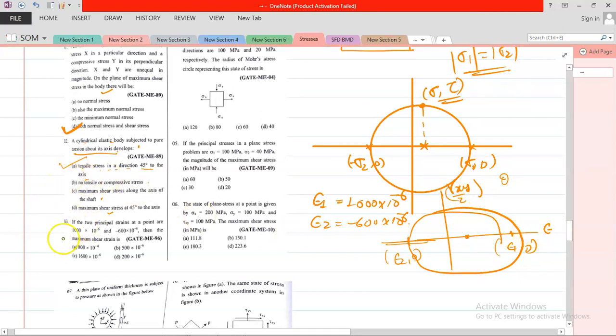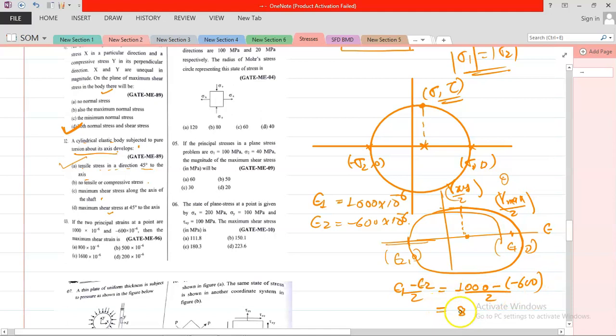Then it is obtaining maximum shear strain. So you know the radius of the circle is the maximum shear strain by 2. This is gamma max by 2. Now gamma max by 2 is the radius of the circle. Now what is the radius of the circle? Epsilon 1 minus epsilon 2 by 2, that is equal to 1000 minus minus 600 divided by 2.